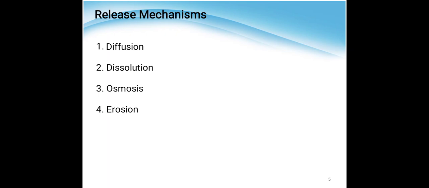The dissolution rate of the polymer coat determines the release rate of the drug. What are the factors on which the dissolution rate of that polymer coat depends? It depends upon the thickness of that polymer coat. The more the thickness, the lesser will be the rate of drug release. It also depends upon the solubility of the coating membrane in the dissolution fluid. So this is the second mechanism through which release from microcapsules can take place.